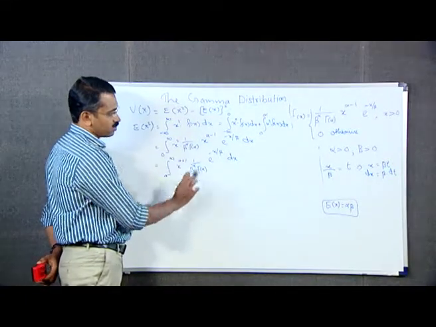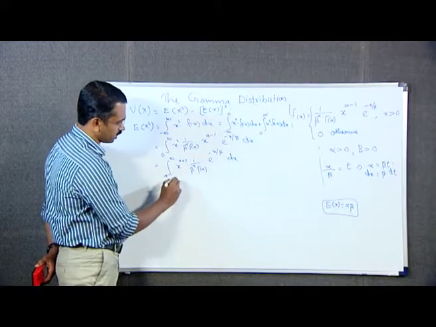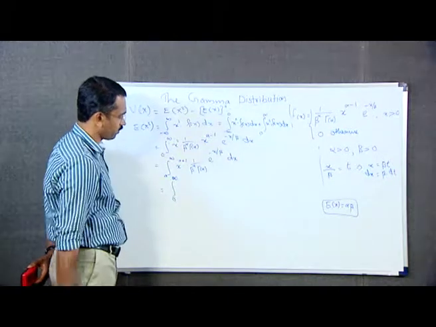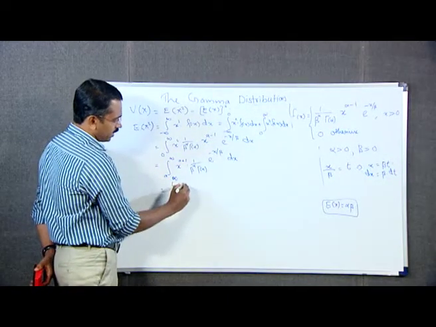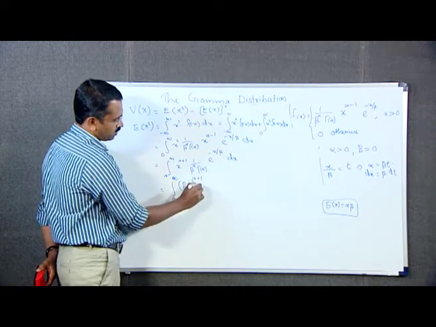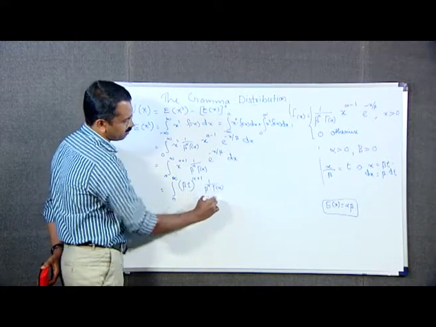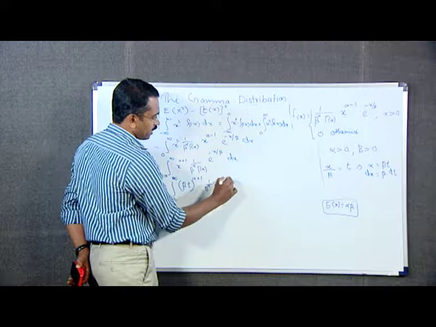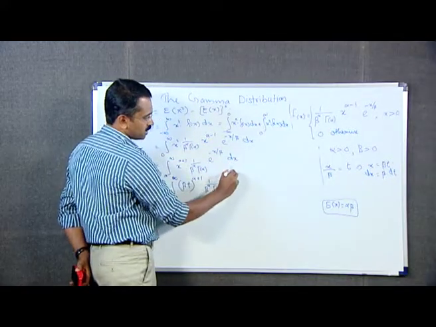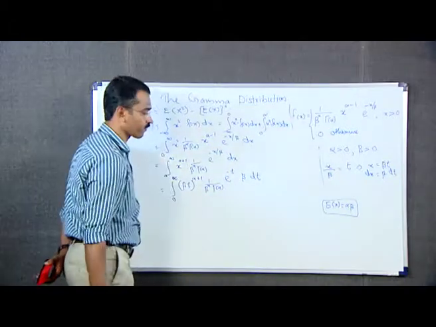x raised to alpha plus 1 means beta t raised to alpha plus 1, that is integral from 0 to infinity beta t all raised to alpha plus 1 into 1 by beta raised to alpha into gamma alpha e raised to minus x by beta, which means e raised to minus t, dx is beta into dt.